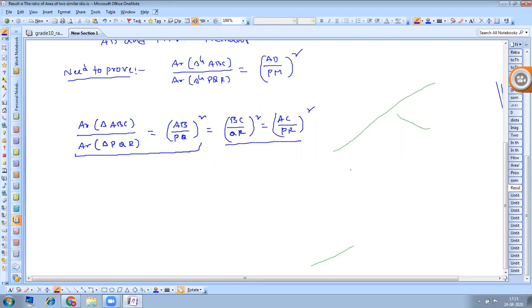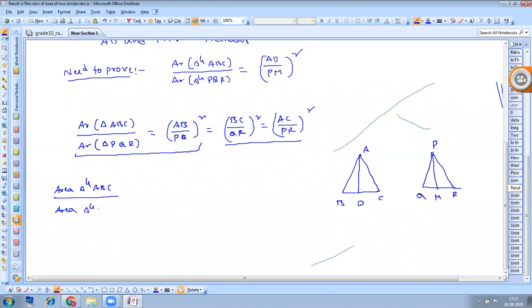Now I'm taking the triangles again to redraw: A, B, C, and AD is the median; P, Q, R, and PM is the median. Now area of triangle ABC divided by area of triangle PQR will be equal to, no, I'm taking the AB by PQ ratio, sorry.